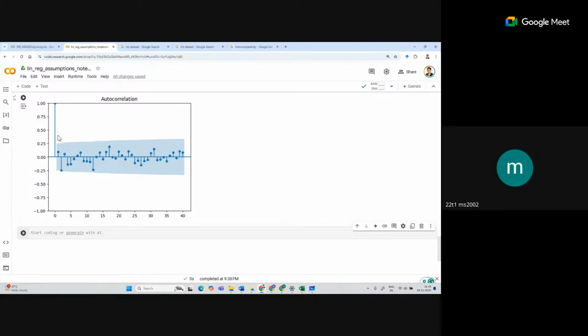The interpretation here is that the blue is the significance region. If you see a point lying outside this blue region, it means that particular day has a correlation with today's gold price.